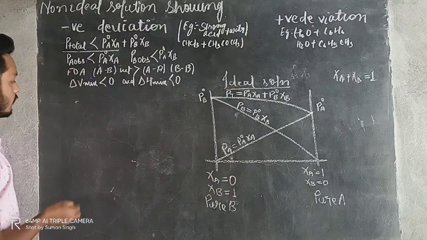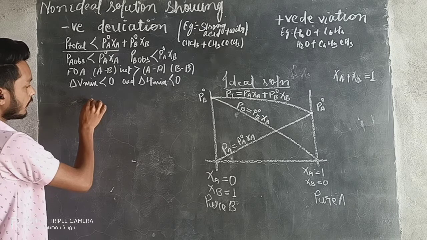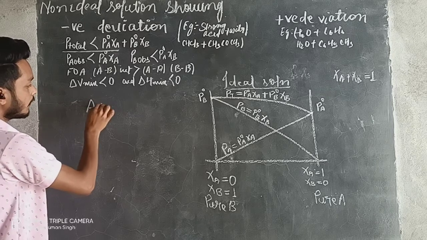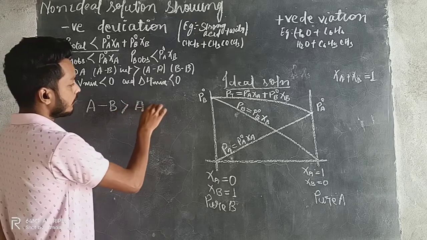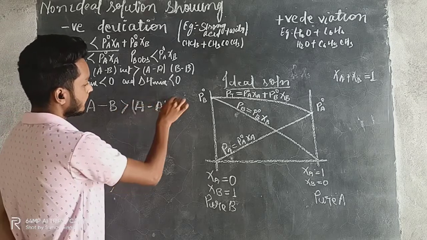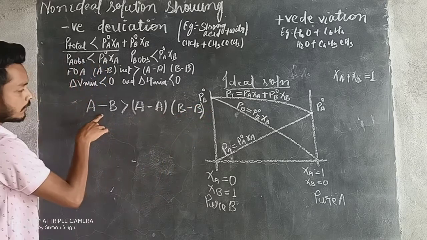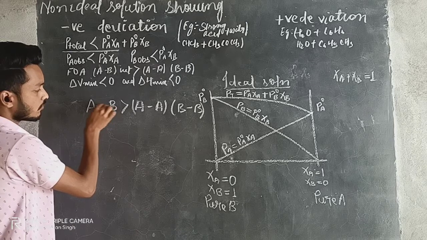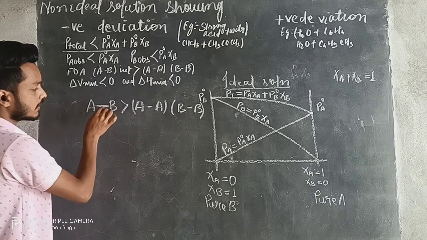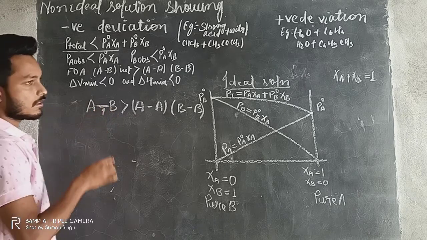Just see. Just now we have seen that AB interactions are greater than AA and BB interactions. Means what has happened here? In this case, the force of attraction between these two has increased.